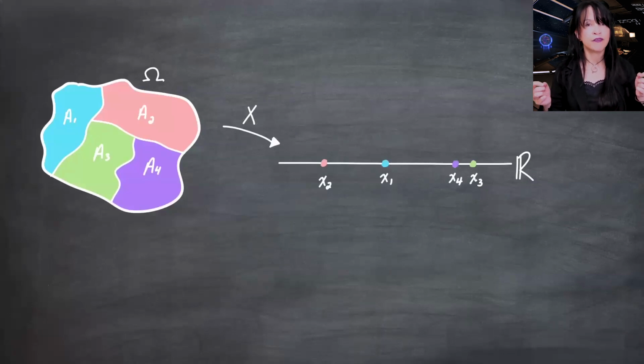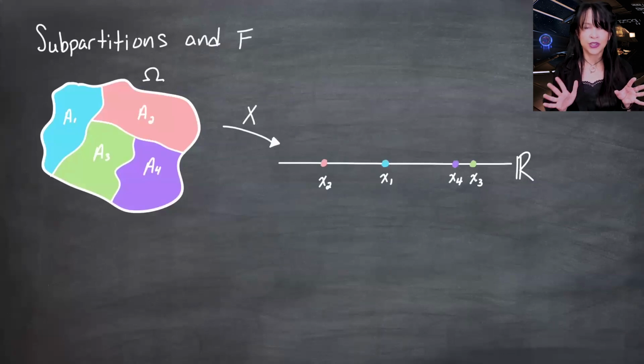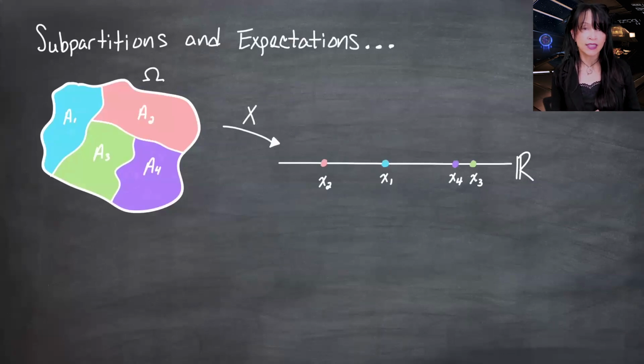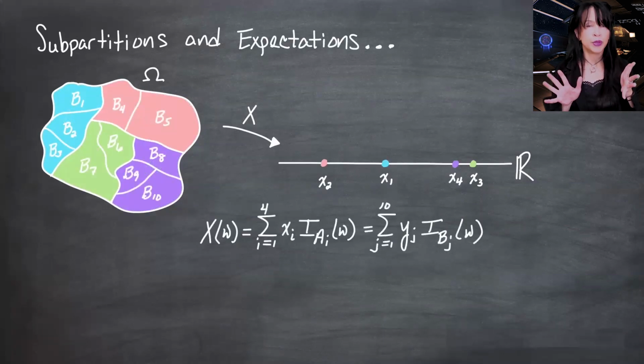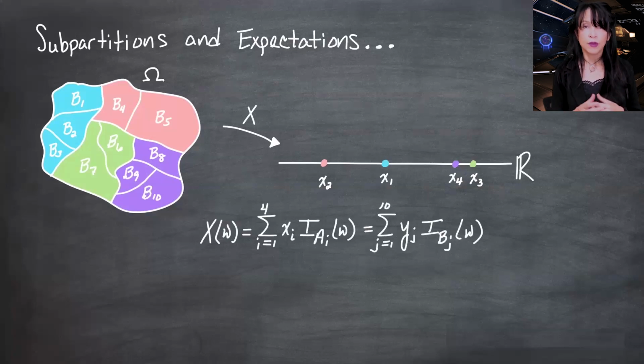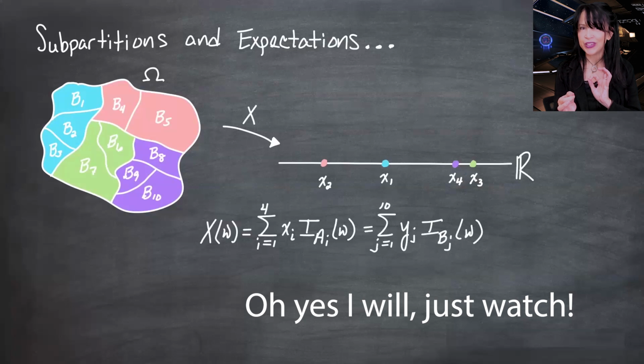We saw that in the very first example I did today, and we sort of saw why on the previous slide. But suppose I partition up each of these sets into their own sets. Then what I have is two representations for X. One has 4 terms in this picture, the other one has 10 terms. But I think I've said this now a couple times, so I won't drag you through this in slow motion.